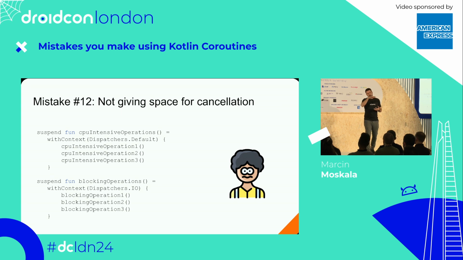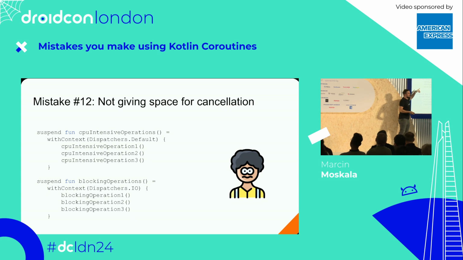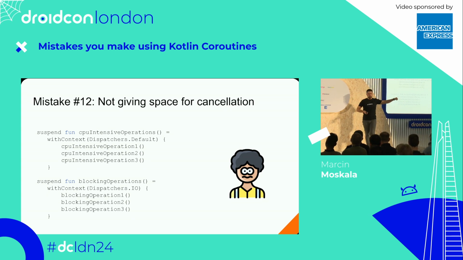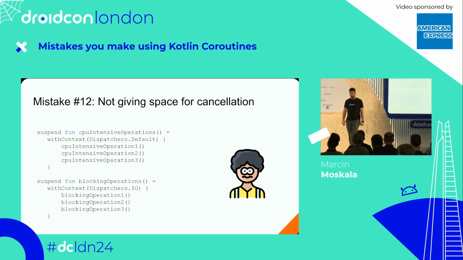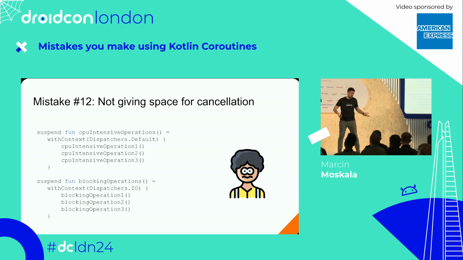And so if you have multiple CPU-intensive calls, like a for loop doing some things, or blocking calls, like you are operating on files one after another or something like that, this cannot be canceled. Yeah, because you won't be canceled in the middle, because there is no place where the exception could be thrown. So this is bad.